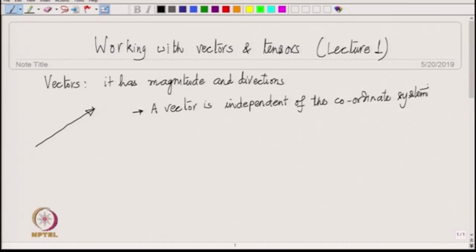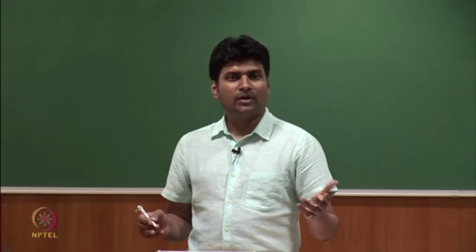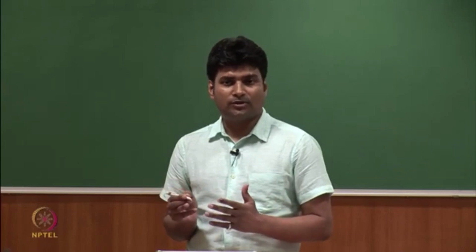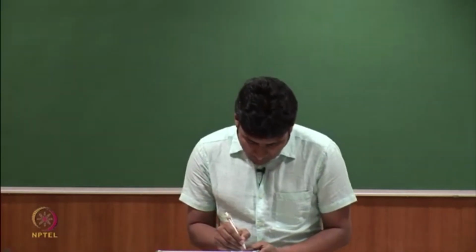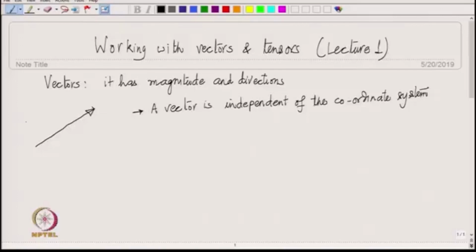So, you look at a vector from one coordinate system or from another coordinate system, the vector does not change. So, it is independent of the coordinate system. Think for example of a coordinate system whose bases are E1, E2, E3, the Cartesian coordinate system.